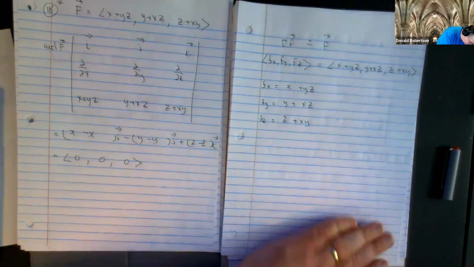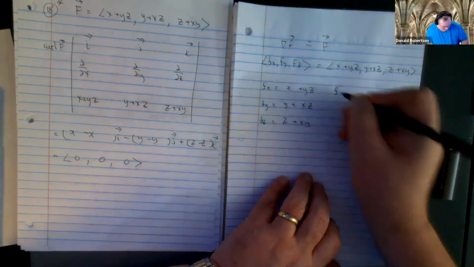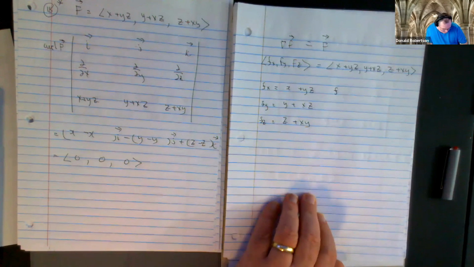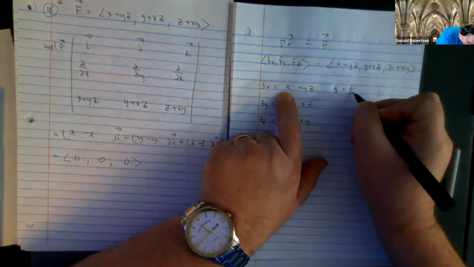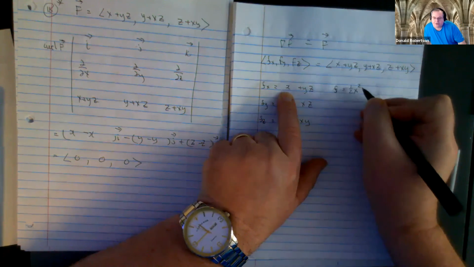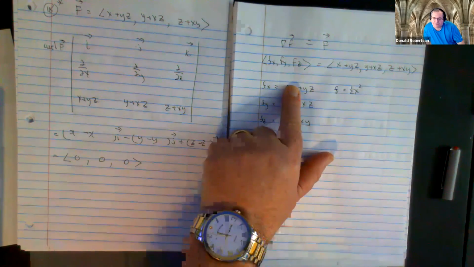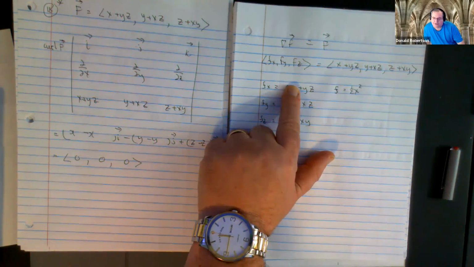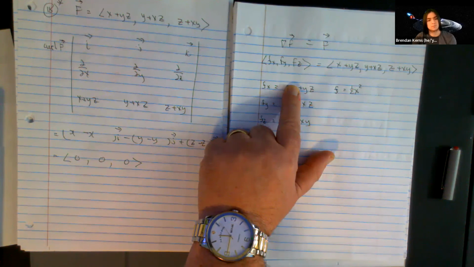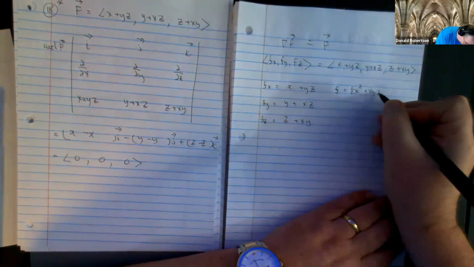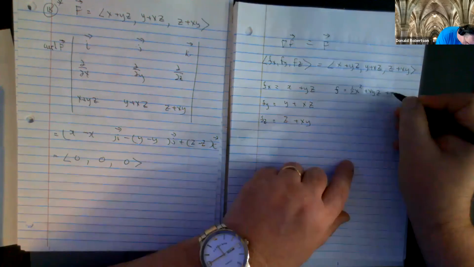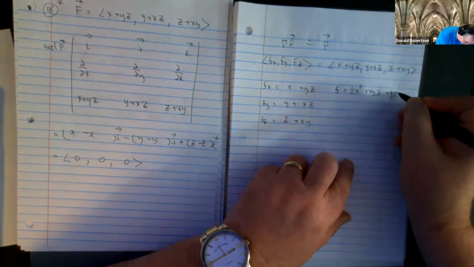Now to find little f, the potential function, you integrate with respect to x. So this guy gets you 1/2 x squared. What does the term yz get you if you integrate with respect to x? xyz. Great, xyz. And the arbitrary constant is some function that doesn't have an x in it.